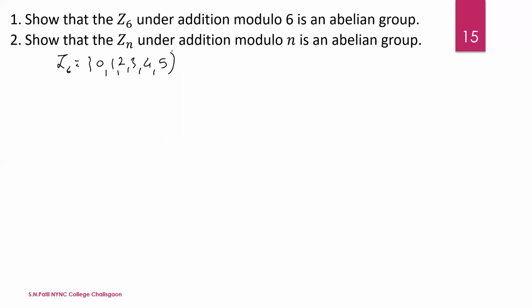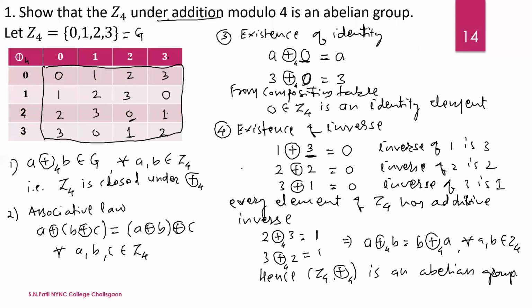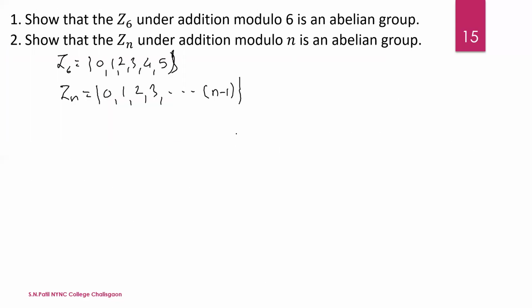Similarly, Zn: 0, 1, 2, 3. Okay. The last one is n minus 1. Taking help of the previous example, you can show Z6, Zn under addition is an abelian group.